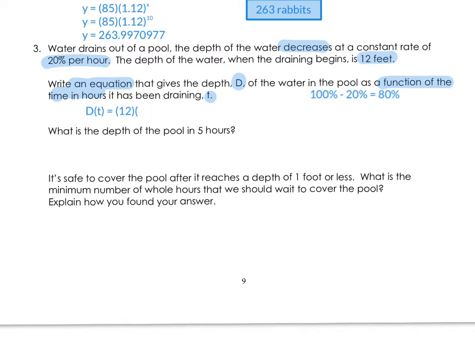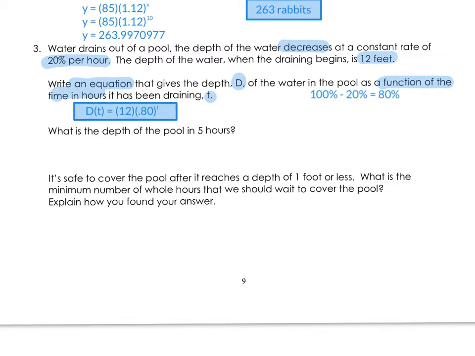It's losing 20%, but that means that it's actually 80%, which changed to a decimal is 0.8 or 8/10 or 0.80, 80/100ths. Either way is fine. And then raised to t, because they told us to use t in the question. So that's my equation.